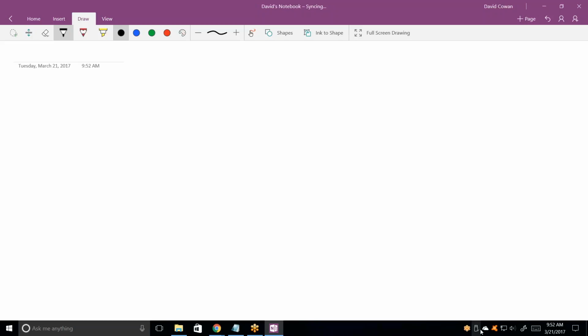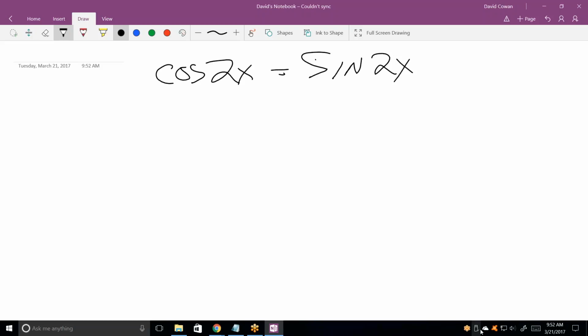All right, what else? So this one is cosine of 2x equals sine of 2x. You could use your calculator. What would you do? I would set x equal to something. Actually, set y equal cosine 2x.